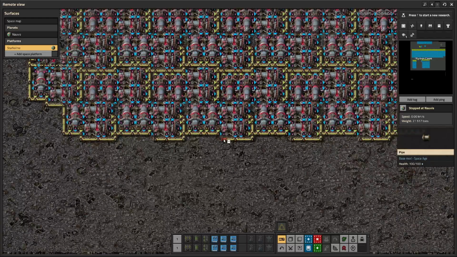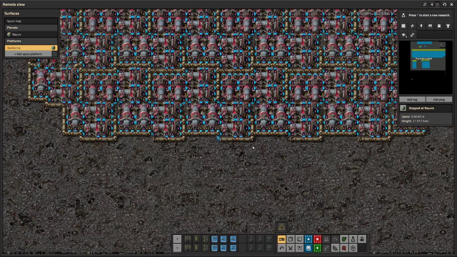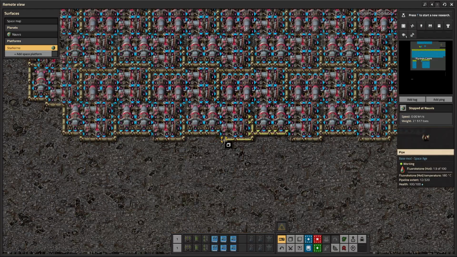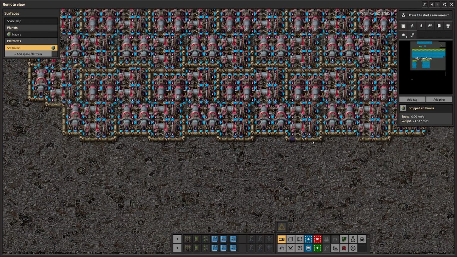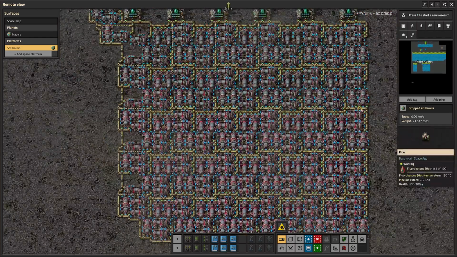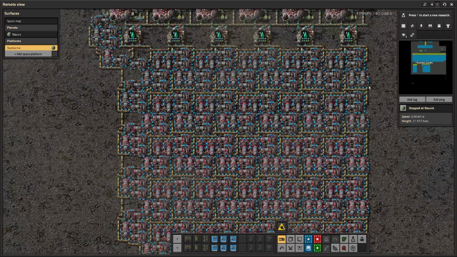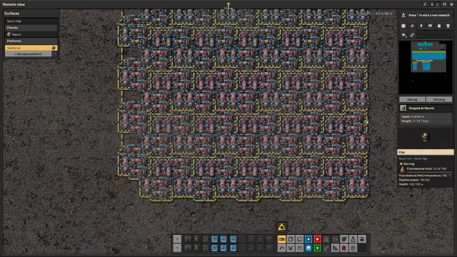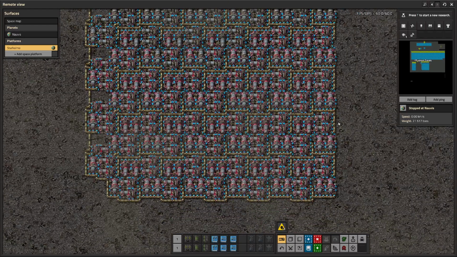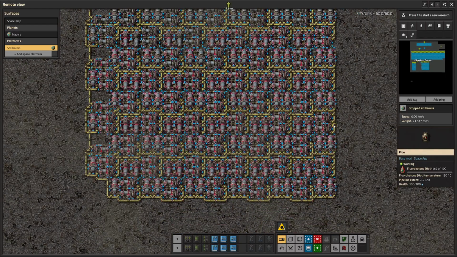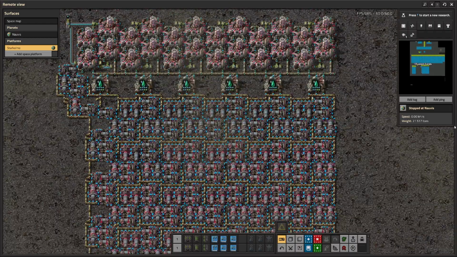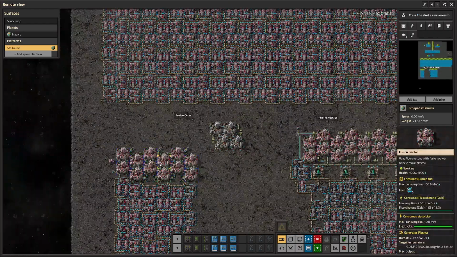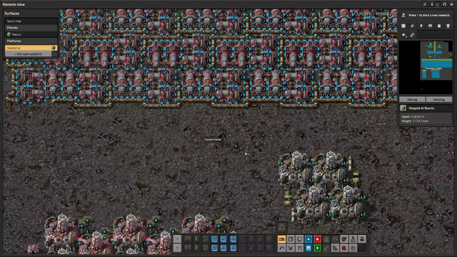Apparently I missed one little pipe down there, and, well, apparently I missed a few little pipes up here, and I'll fix that in the blueprint book before I upload it. But yeah, you get the idea. We have one big fluoroketone network. Again, you need to keep an eye on the pipeline extent on here because right now we're only at 78, but obviously if you're making some giant reactor, then it's going to get up much higher.